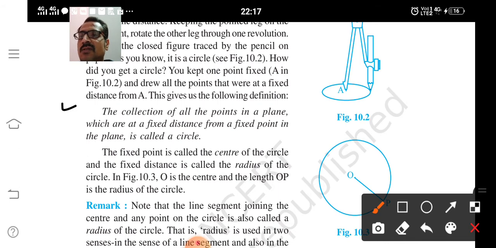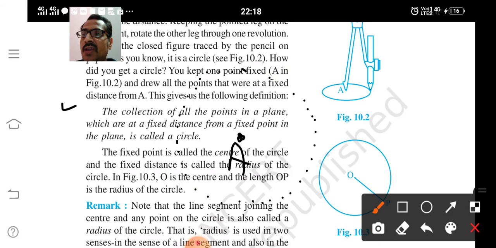See, suppose this textbook is a plane, and if I mark a fixed point A, and from this fixed point A I draw many points equidistant from point A, they form a circle.